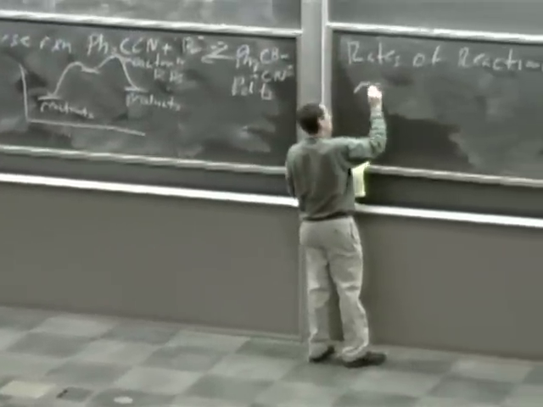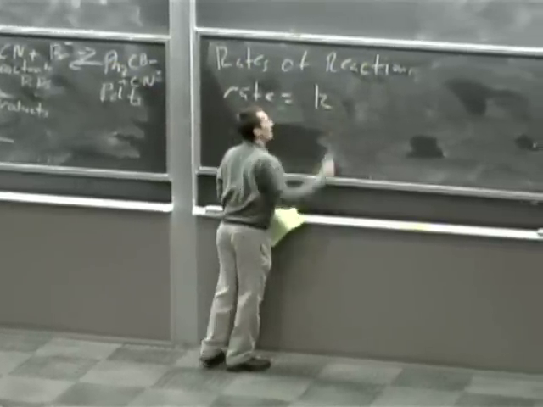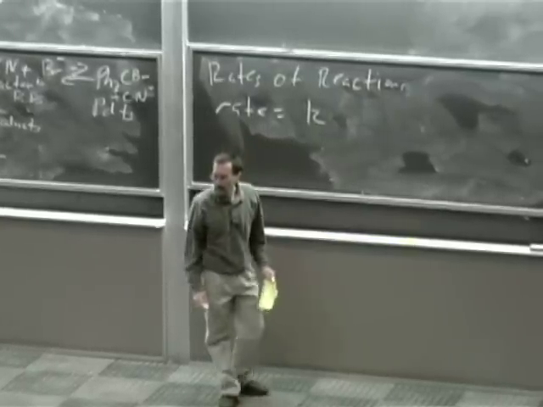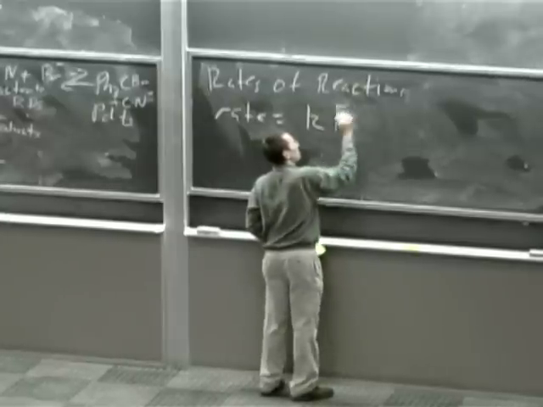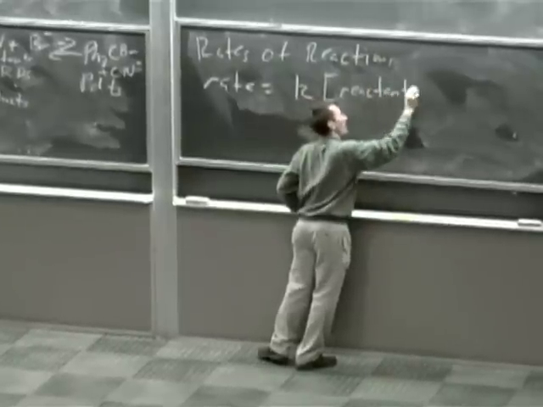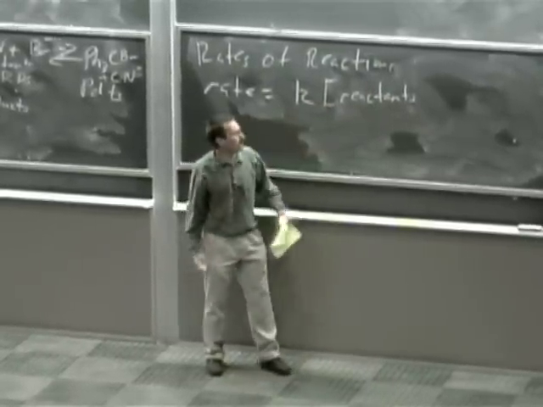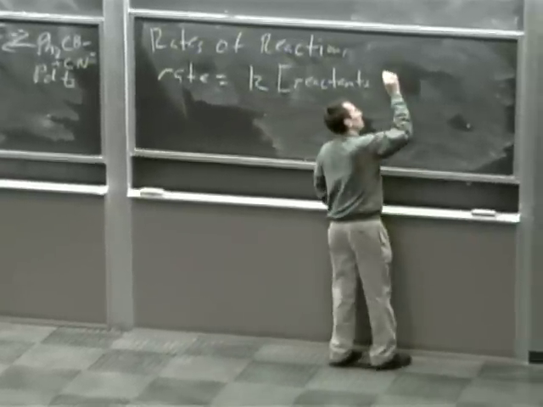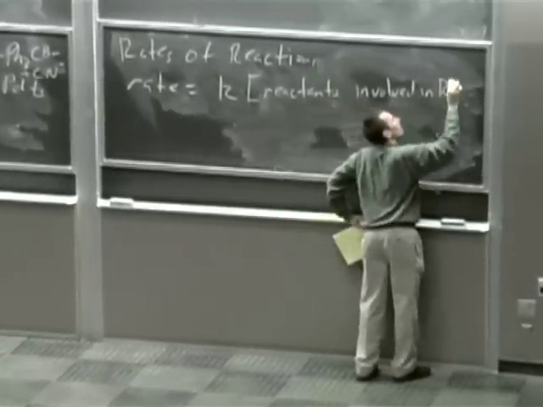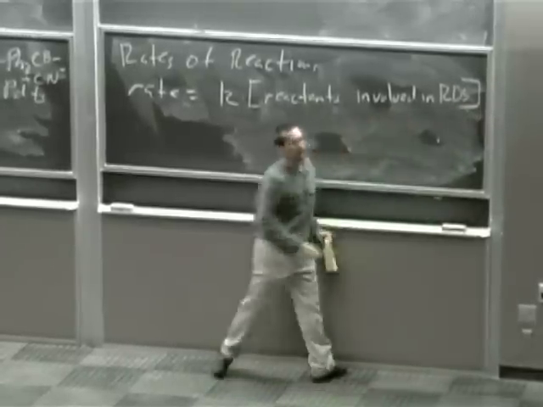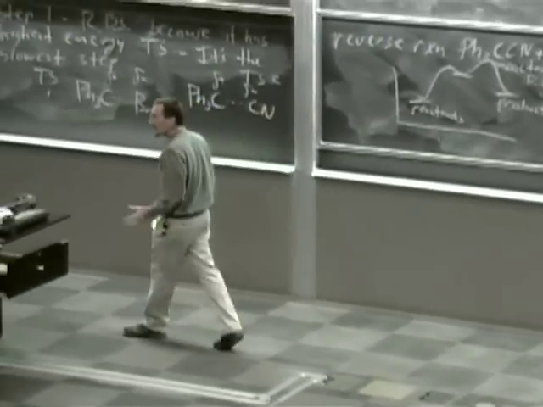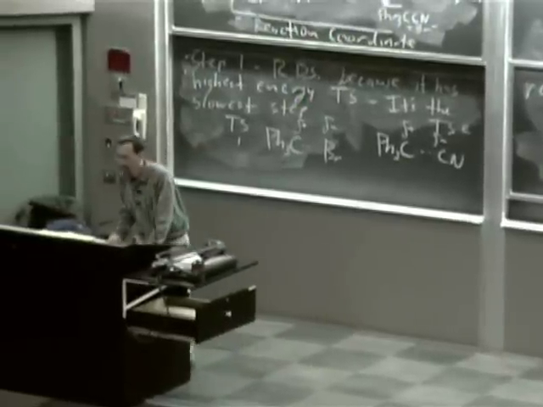The rate of a reaction is equal to some rate constant K, which is going to depend on how high your energy barrier is, how high the height of the transition state is in the rate determining step, times the concentration of the reactants, but more specifically, the reactants involved in the rate determining step. In other words, after the rate determining step, it doesn't matter the concentration of reactants.